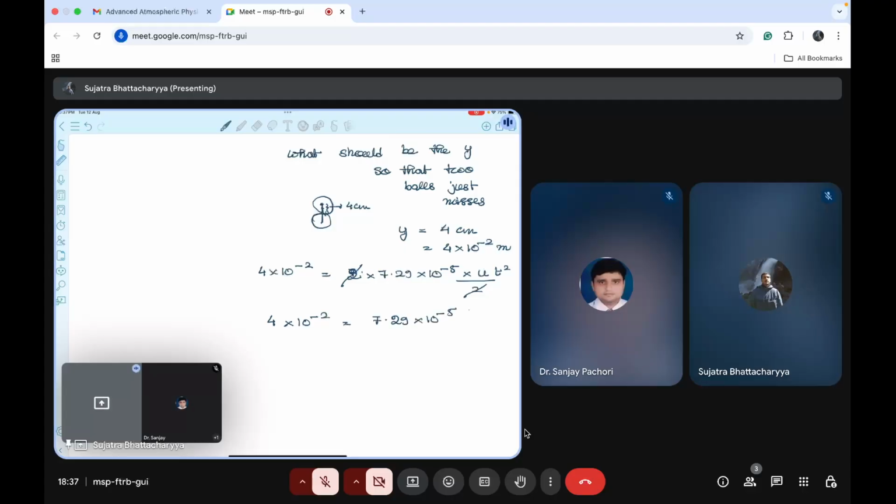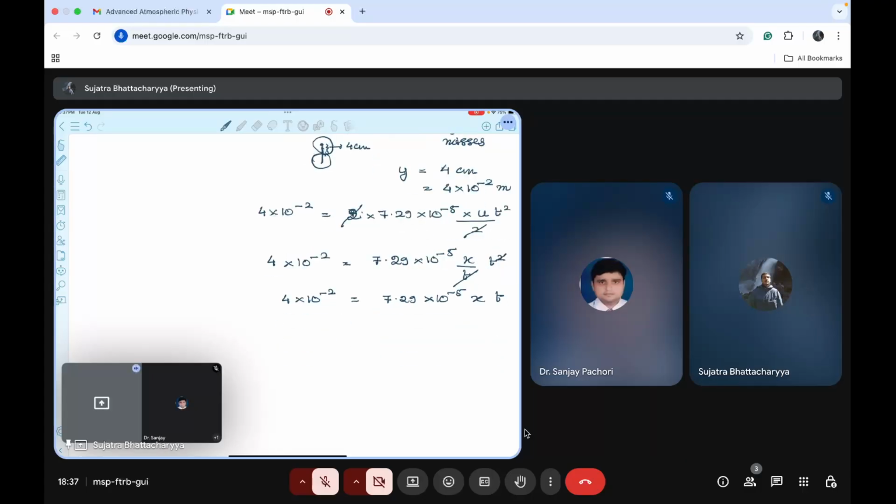Can we write this u as x by t? And this is t squared, so t and t will cancel. So we get 7.29 into 10 to the power minus 5 into x into t, which is 4 into 10 to the power minus 2.